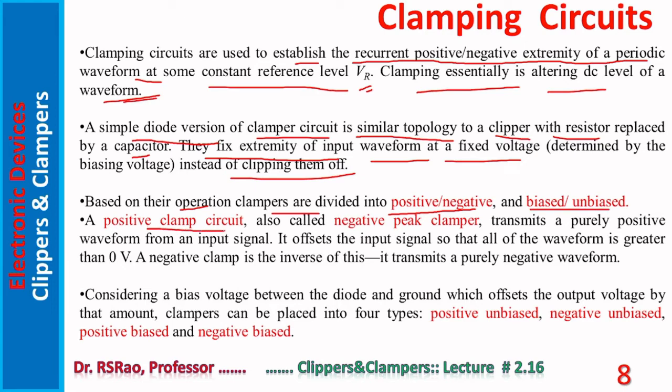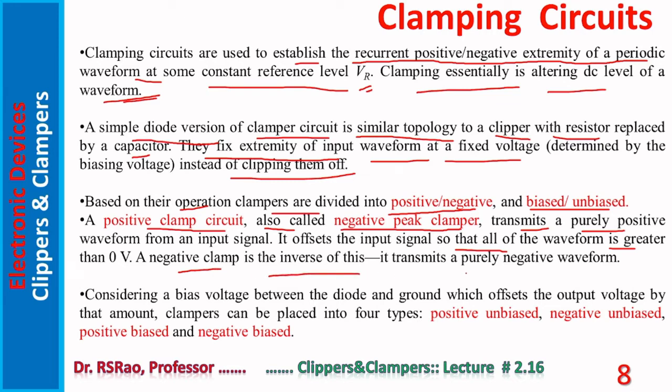A positive clamp circuit, also called a negative peak clamper, transmits a purely positive waveform from an input signal. It offsets the input signal so that all of the waveform is greater than 0 volts. A negative clamp is the inverse of this.